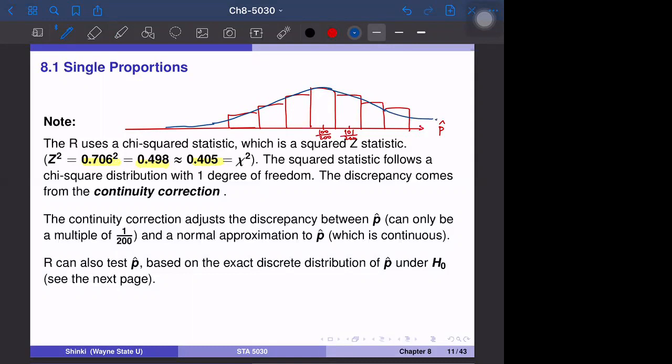So we have some discrepancy. So if we take, for example, 102 over 200 here, then the p-value should be the area of here, and possibly the other way around, the area of here also.